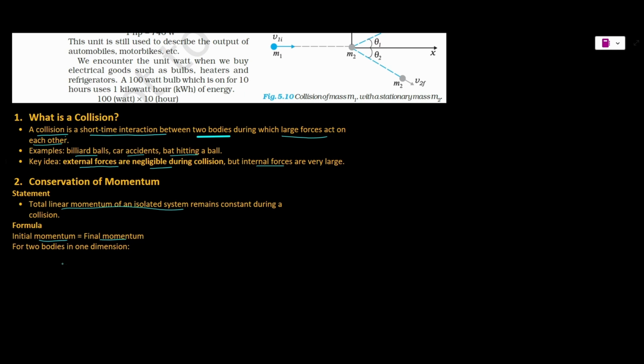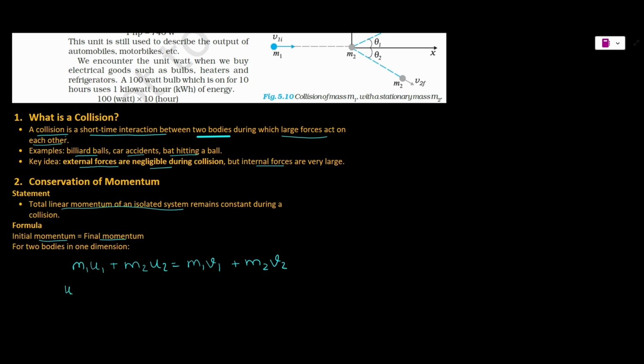And the formula, if there are two objects, say m1 and m2, would be m1 u1 plus m2 u2 is equal to m1 v1 plus m2 v2.